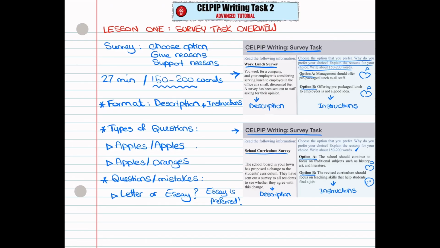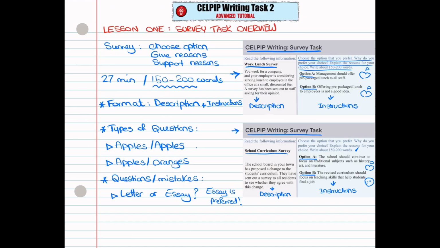Instead, we could use these words to further explain our position and provide more evidence in support of our opinion. So my advice is to write an essay-type response rather than another email or letter.